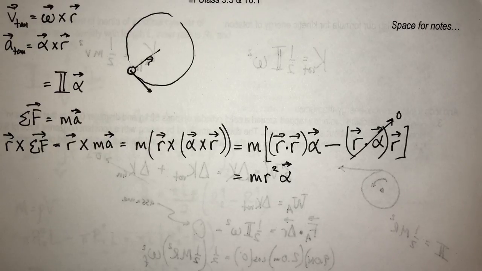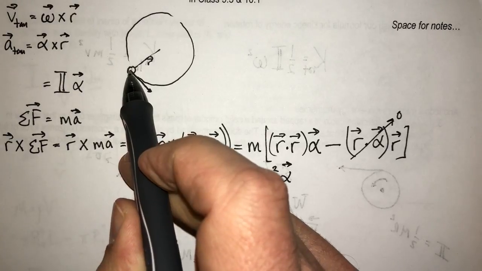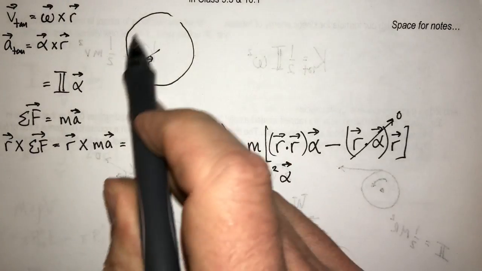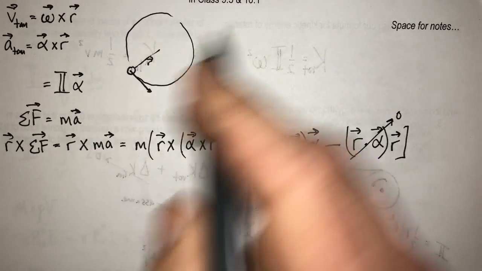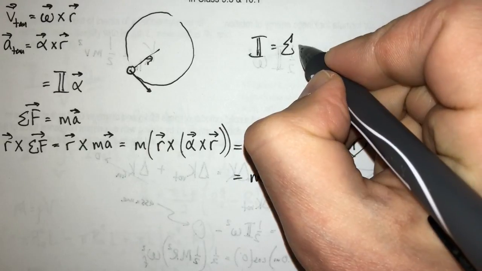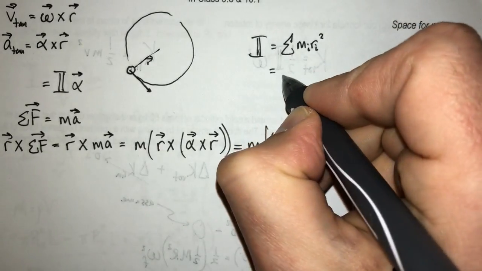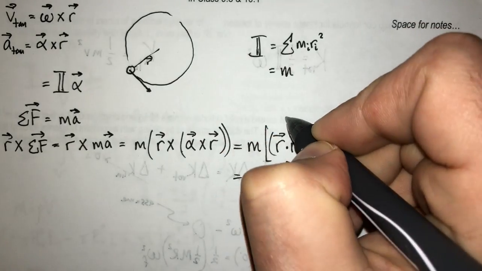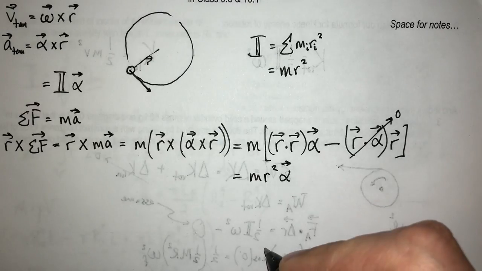Now, if we think about just one mass rotating in a circle, what is its moment of inertia? Well, it's the sum of m r squared. But there's only one, so it's the mass of the thing times its distance from the axis of rotation.